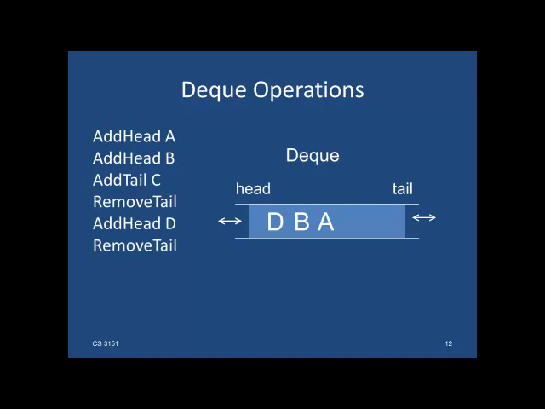Remove tail removes A, since A is now at the tail of the deque. Get tail returns B. Remove head removes D. And finally remove head removes B.